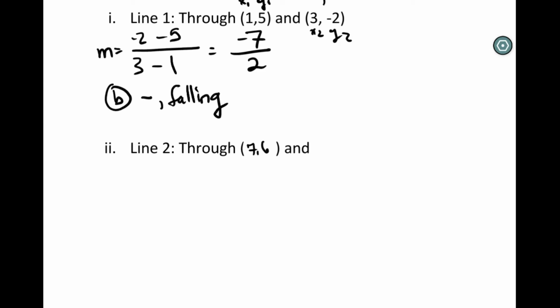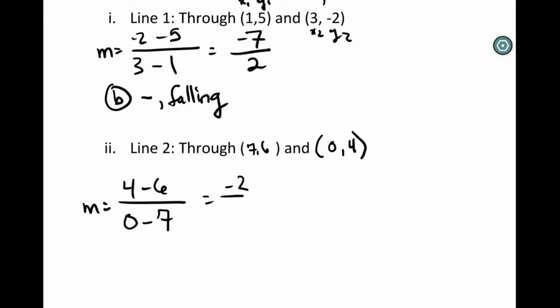You're going to turn these notes in, and no one's going to have that fixed, and I don't know if you watched or not. So slope is 4 minus 6 all over 0 minus 7. That gives me negative 2 over negative 7. Negative over negative means positive. So I know that the line is positive, so it's rising.